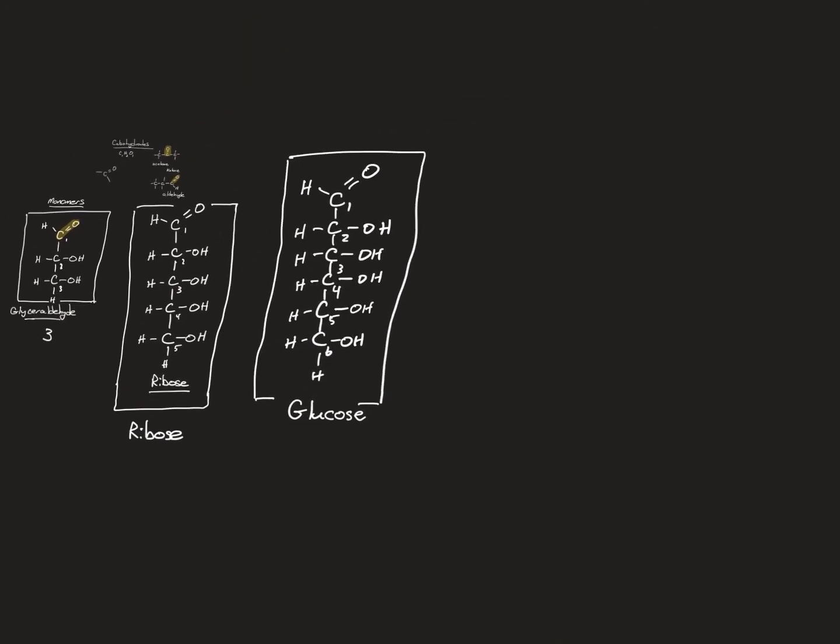Now, fructose is actually much more difficult for us to digest, and it turns out that fructose is not a sugar that we can easily process. We can process it, but in large amounts it can cause metabolic issues. It's also a 6 carbon sugar.